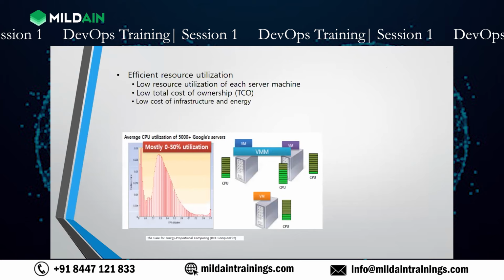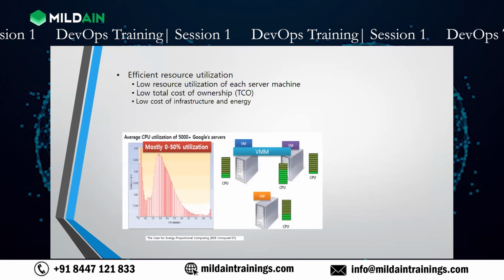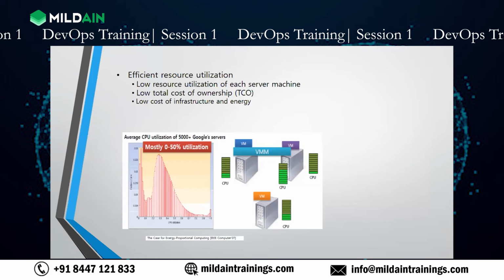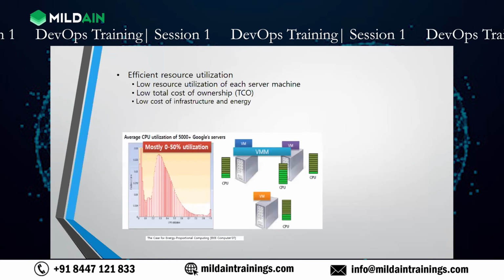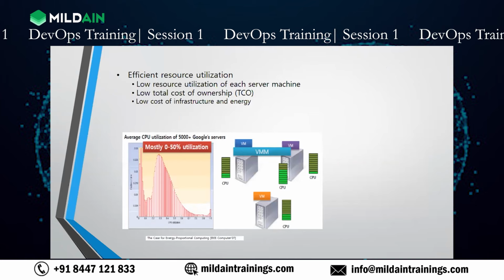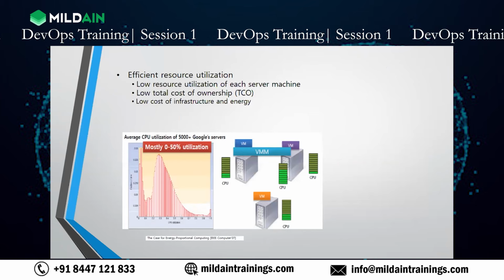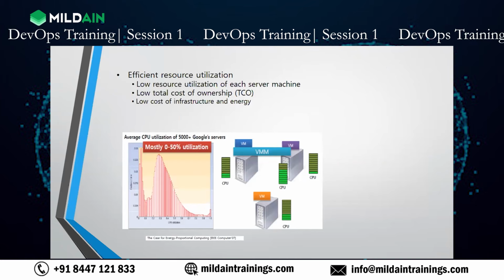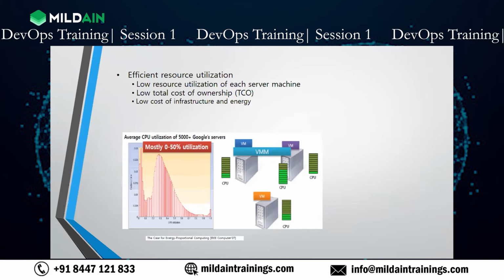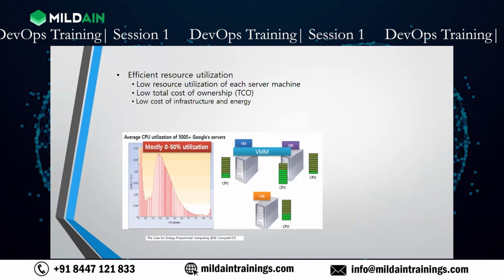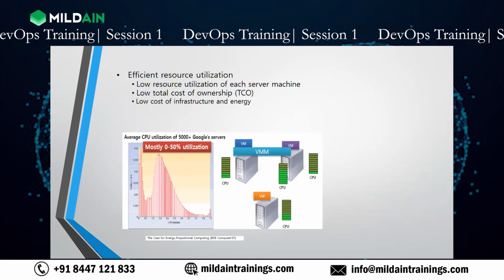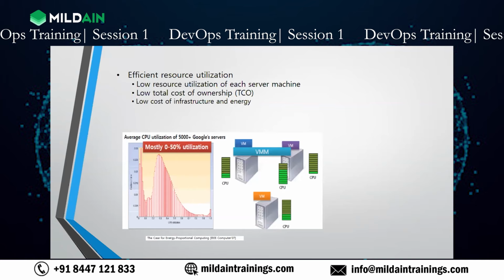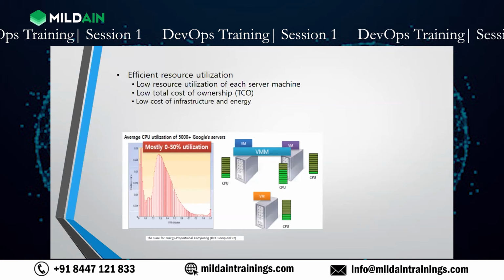Now let's see what the benefits of virtualization are. Why do we use virtualization? Because there is efficient utilization of our resources. How? If we are using physical servers and dealing with different applications, different hardware, or different software, we will have different servers: a database server, a web server, and others.